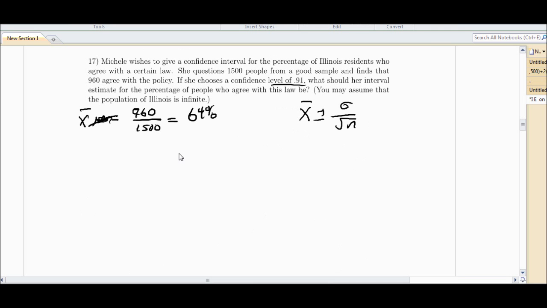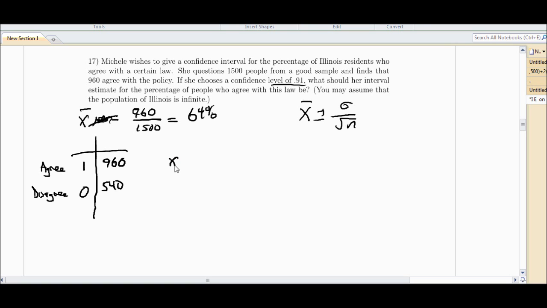So if we set up a table where the people who agree, we give the number 1, and disagree, 0. Now 960 agreed, and so 540 disagreed.